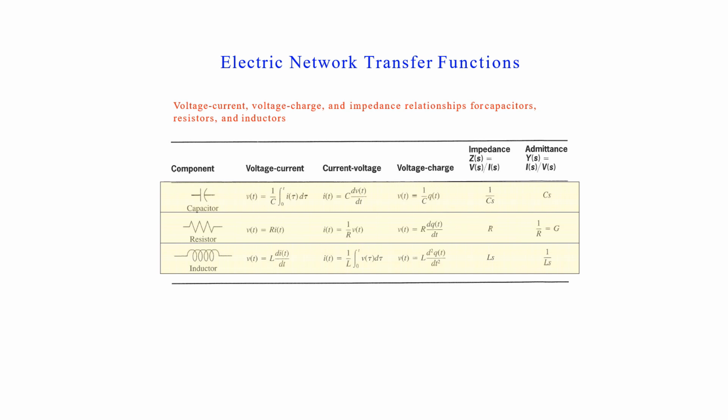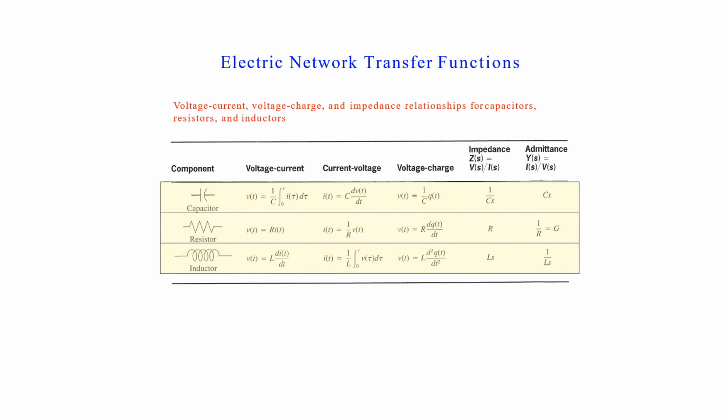So the first method to model the electrical network is to find the differential equation which describes the dynamics of an electrical network, and then apply the Laplace transform to the differential equation, and from there find the transfer function for the electrical network.